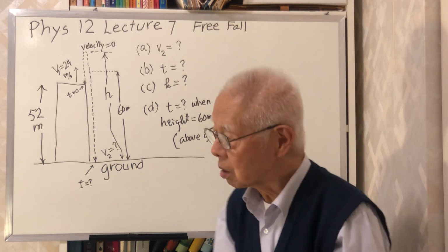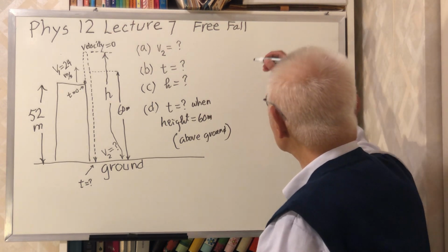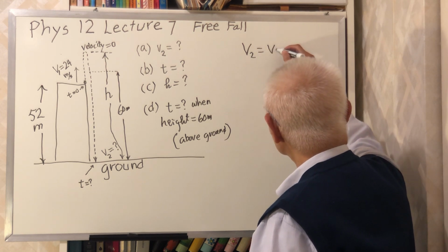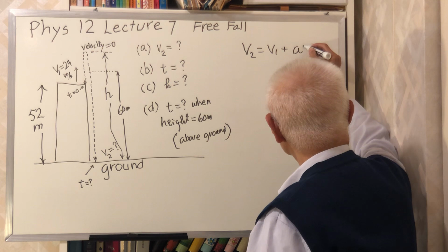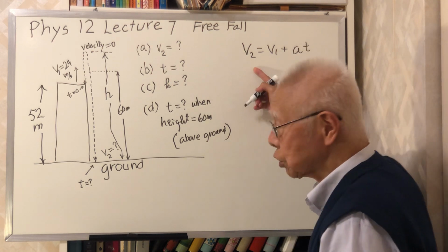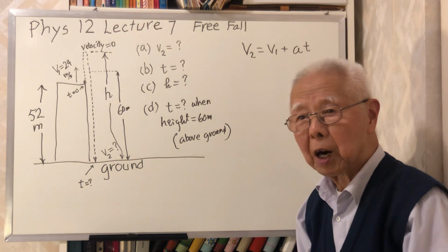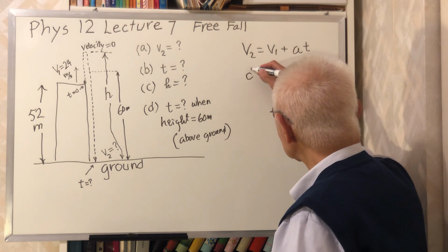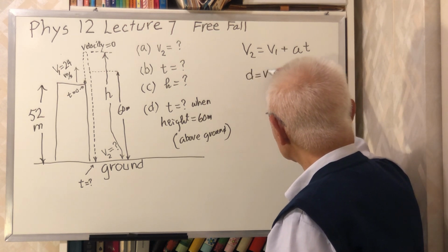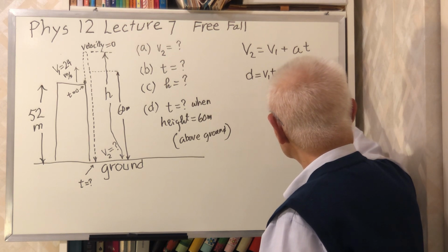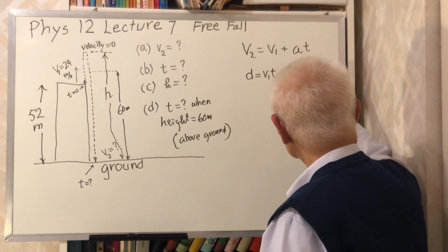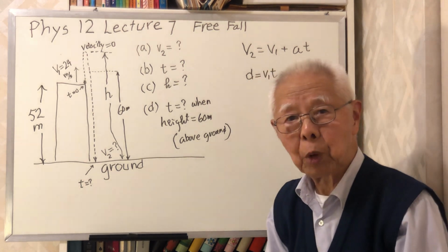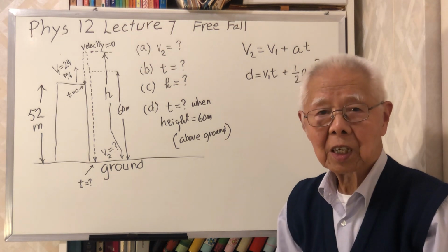What are the three? Let me write it down. The first equation is V2 equals V1 plus AT. The second equation is distance equals V1T plus 1/2 AT squared.